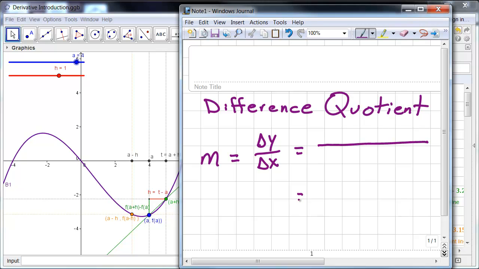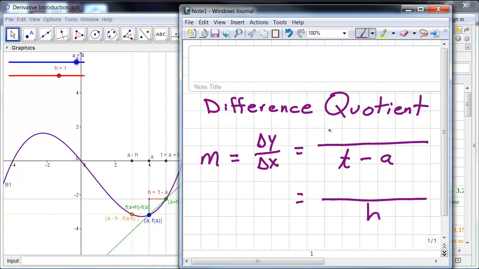We can look at it two different ways depending on how I notate this. I can say the delta x is the t value, the second x, minus my initial x of a. But we also see that that is the value h.